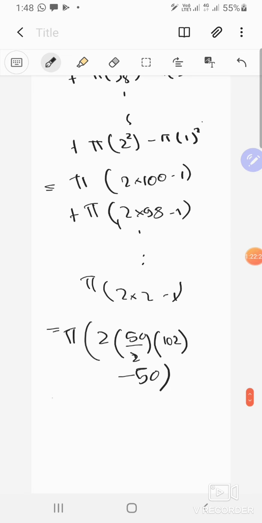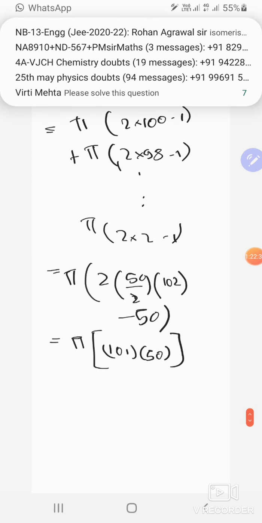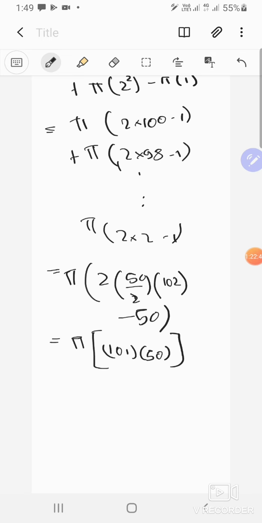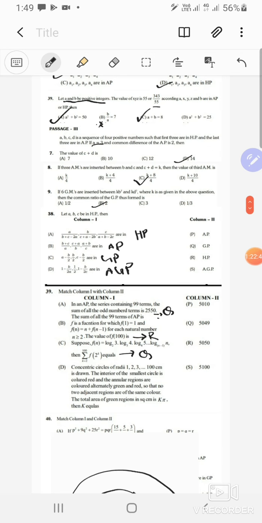That's pi into 50 into 102 minus 50, which is 101 into 50. Maybe 101 is a multiple of 7, who knows? I mean 7, 31, no, maybe not. So what should that be?